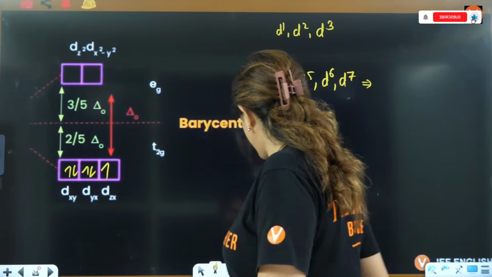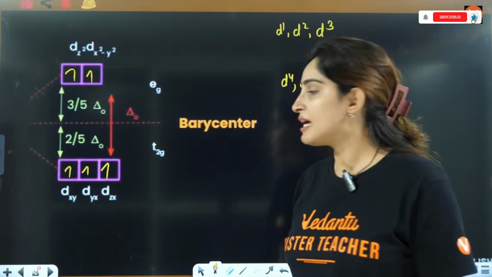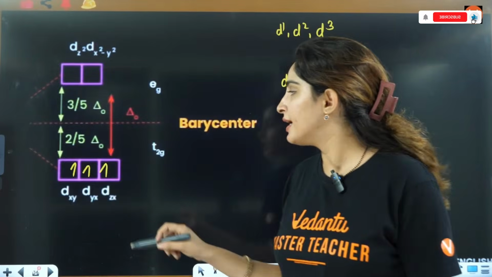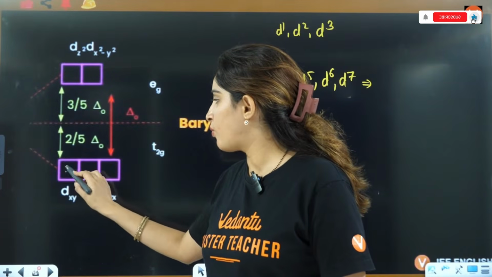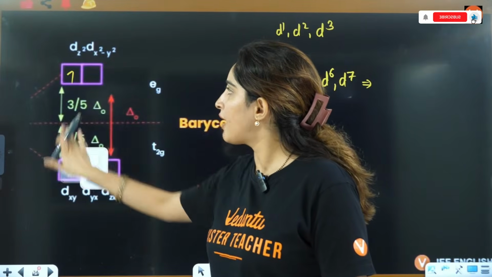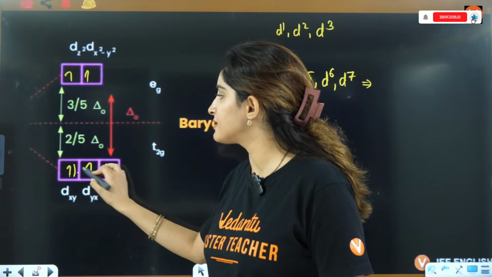If you have weak field, then it will be 4 and 5 in the upper orbitals, right? If you have, let's say, D7, with strong field it will be 1, 2, 3, 4, 5, 6 and then 7. If you have weak field, it will be 1, 2, 3, 4, 5, then 6, 7.